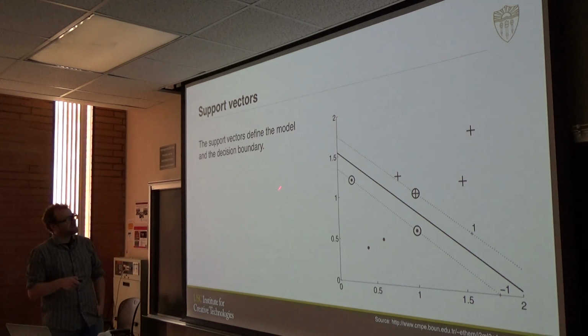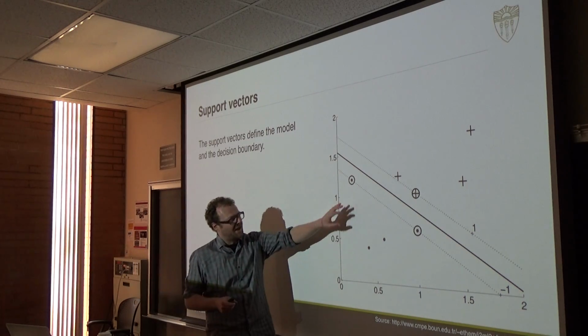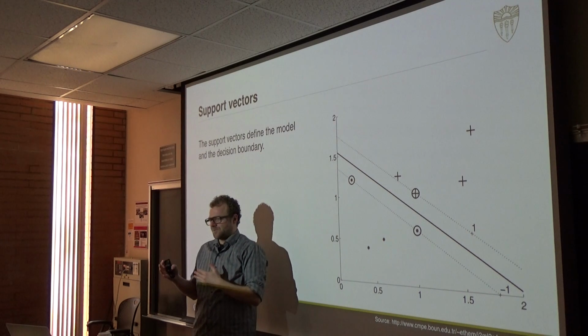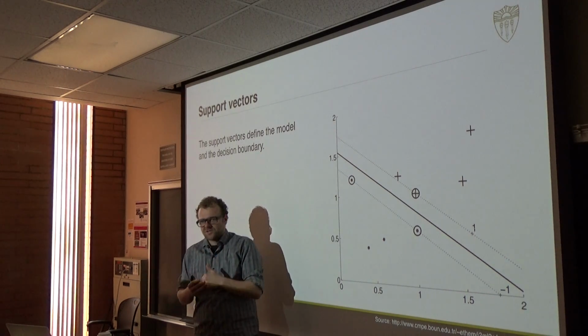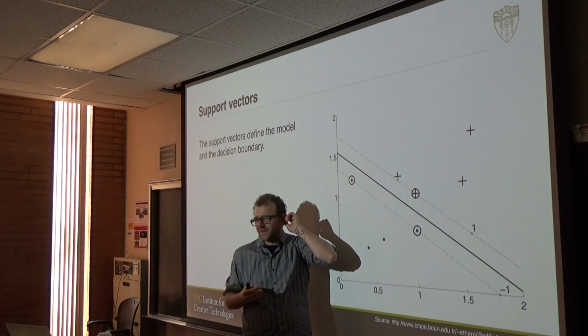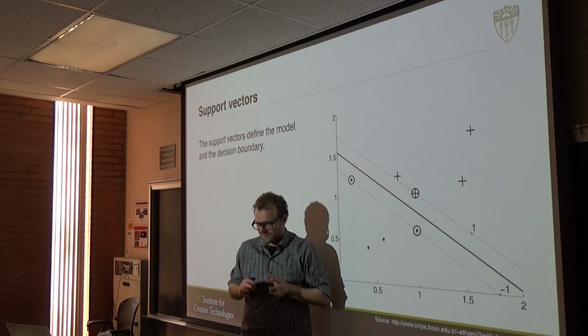All right, so the support vectors define the model and the decision boundary. And we talked about this before. If I take out any of these data points that are circled here, my decision boundary and my margins change. So they support this decision. If I remove any of these points that are not circled, nothing changes.